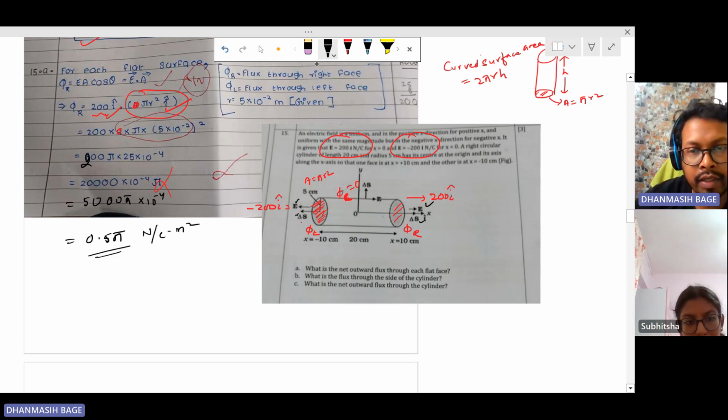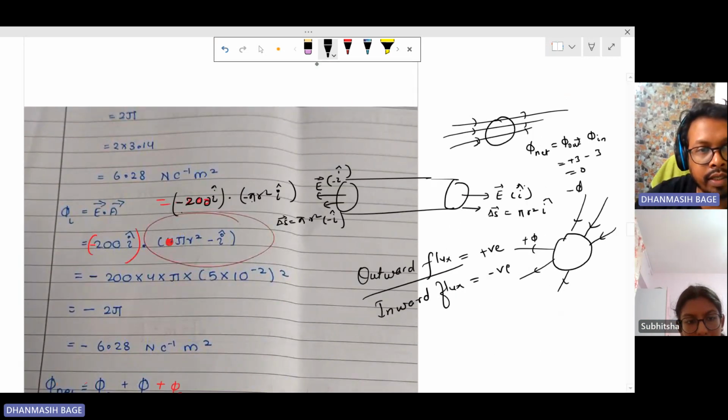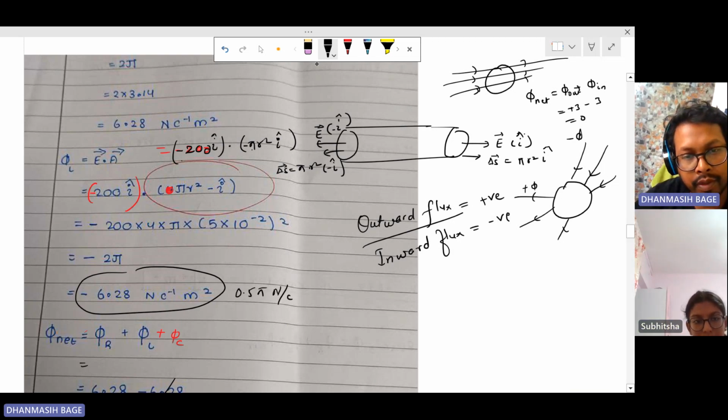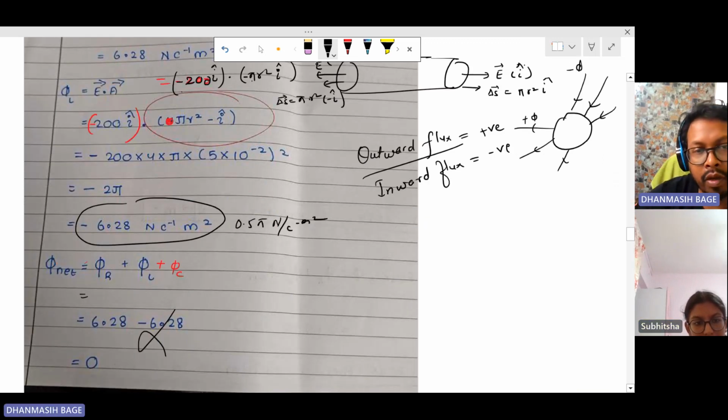That is the thing. This is one thing, and I think you will also get here also. If you multiply this thing, you will also get the same thing. 0.5 pi Newton per coulomb meter square. So it will be double of that thing.